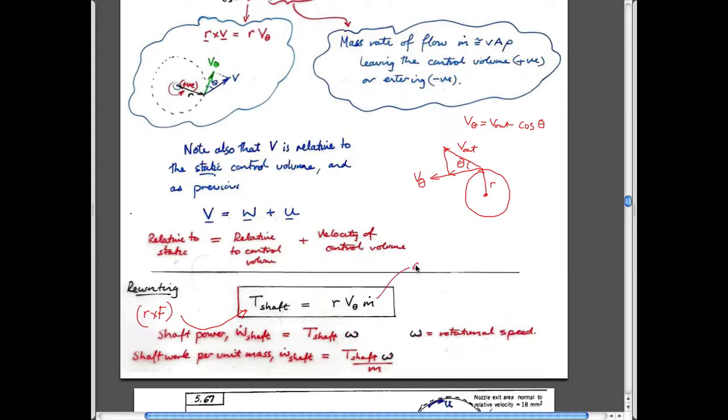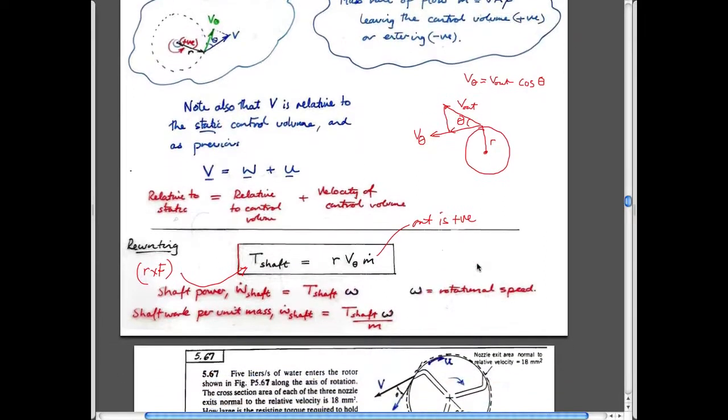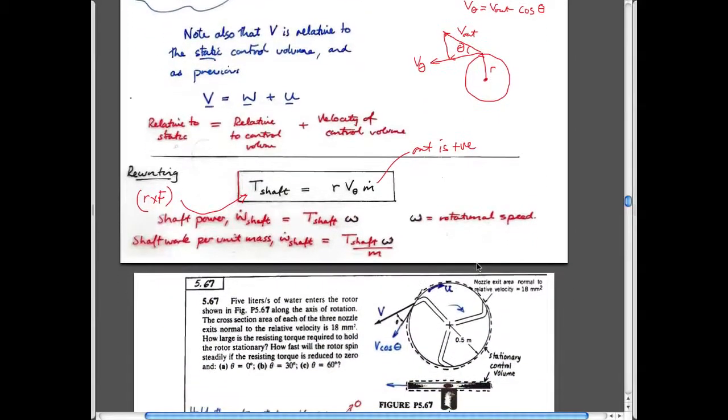Out is positive for the mass flow rate. The idea is that if we know the velocity, the mass flow rate and the radius, we can calculate the shaft torque.